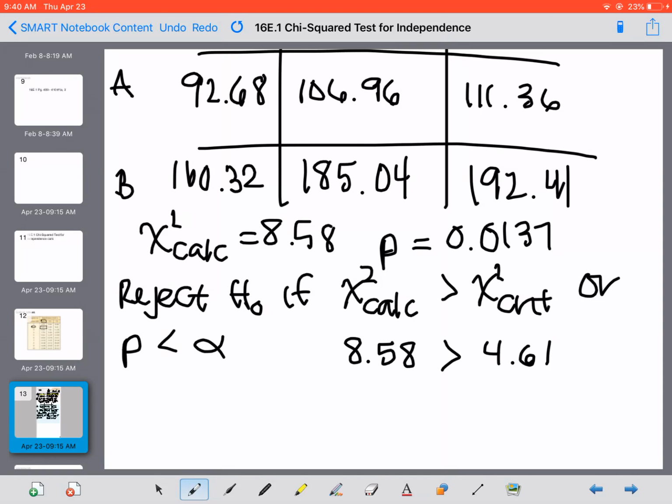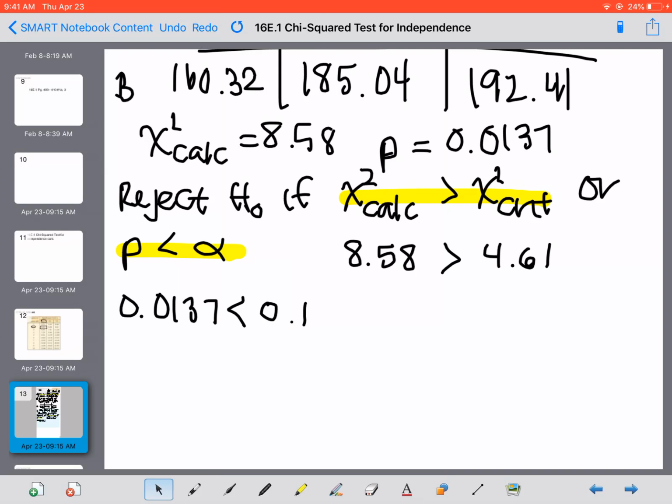Checking further, our p was 0.0137, and our alpha was 0.1 because it asked for 10%, and p is less than alpha. So both of those are true: chi-squared calc is greater than chi-squared crit, and p is less than alpha. Because both are true, we are going to reject H sub 0.